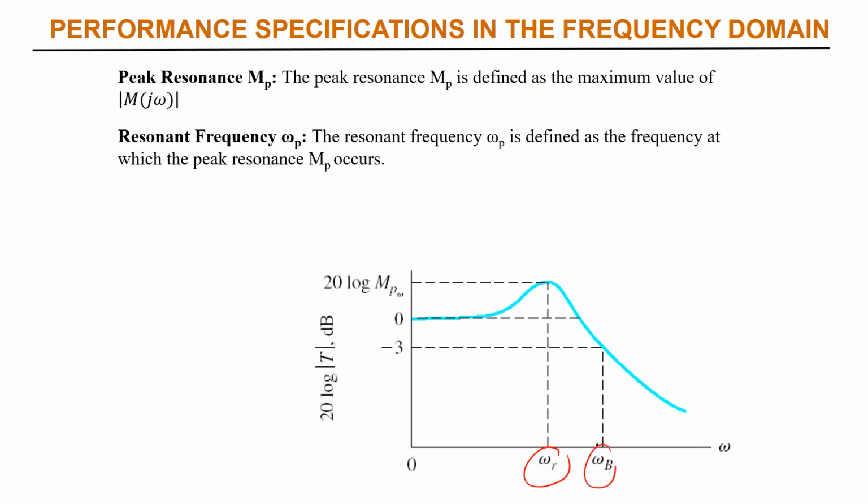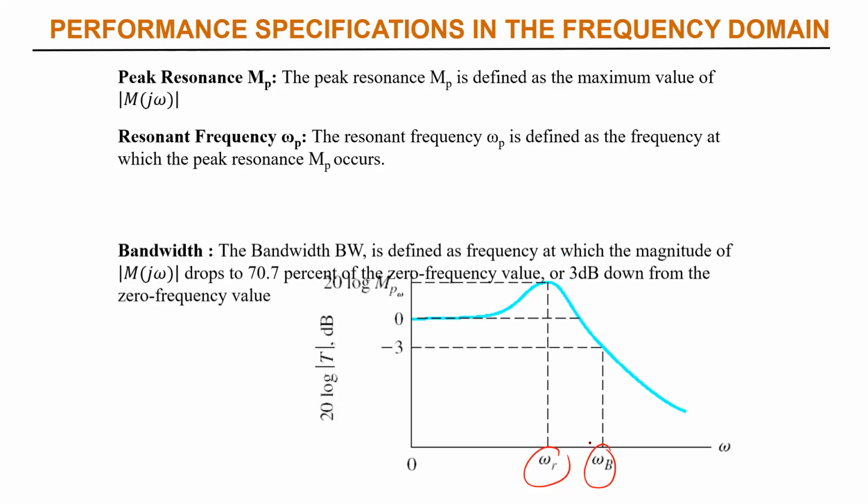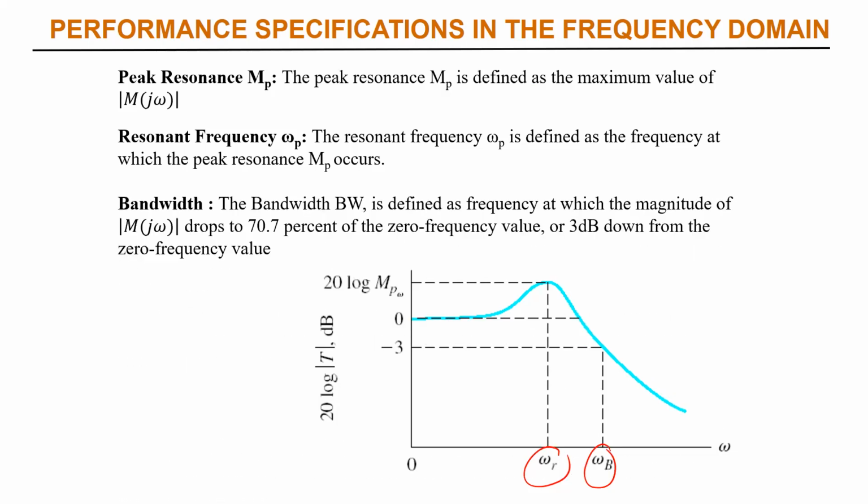And finally, the bandwidth. The bandwidth is defined as the frequency at which the magnitude drops to 0.707 of the zero-frequency, low frequency value. Those are important specifications, and we can map them to the time domain.